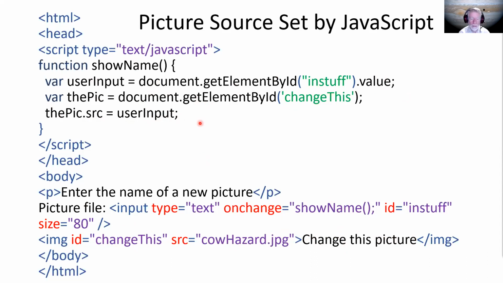Now, if you just typed in, several pictures like victory.jpg, there's a victory.jpg file out there, and it would download that one and it would show on the screen, just like you expect. But you could also type in other URLs from other systems. And I've experimented with this.